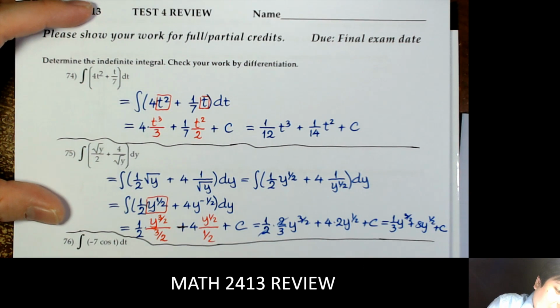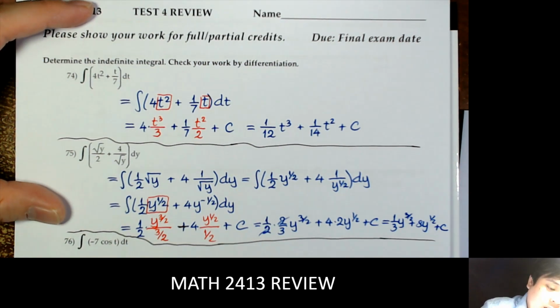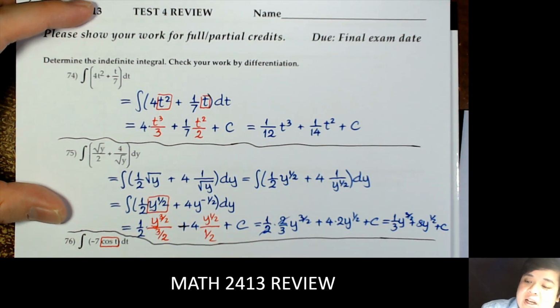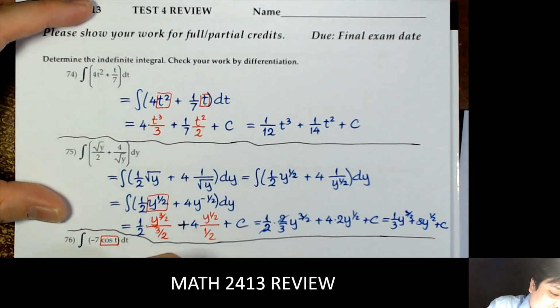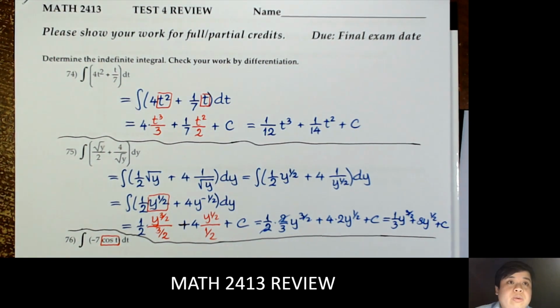This one we don't have to rewrite anything. We just integrate cosine of t. Integral of cosine of t is going to be sine t. And then the negative 7 will stay in front of it, plus c. And that's all we do.